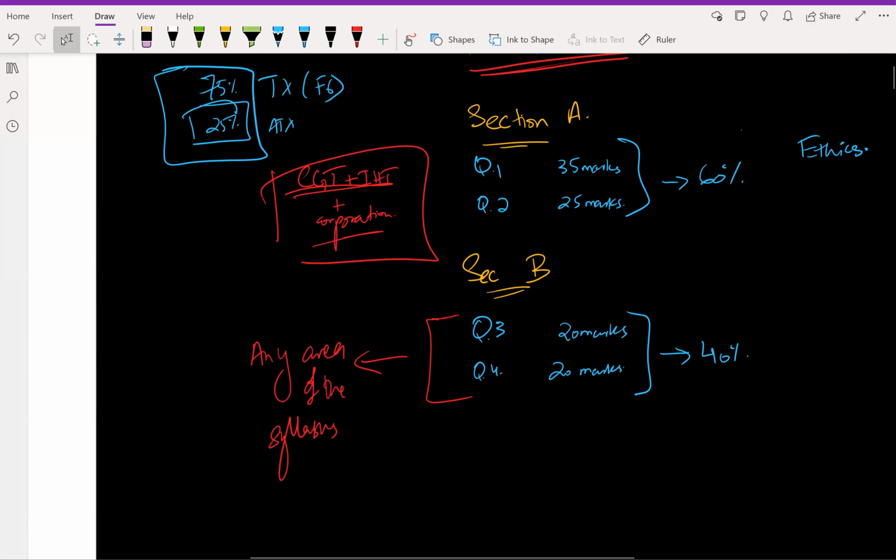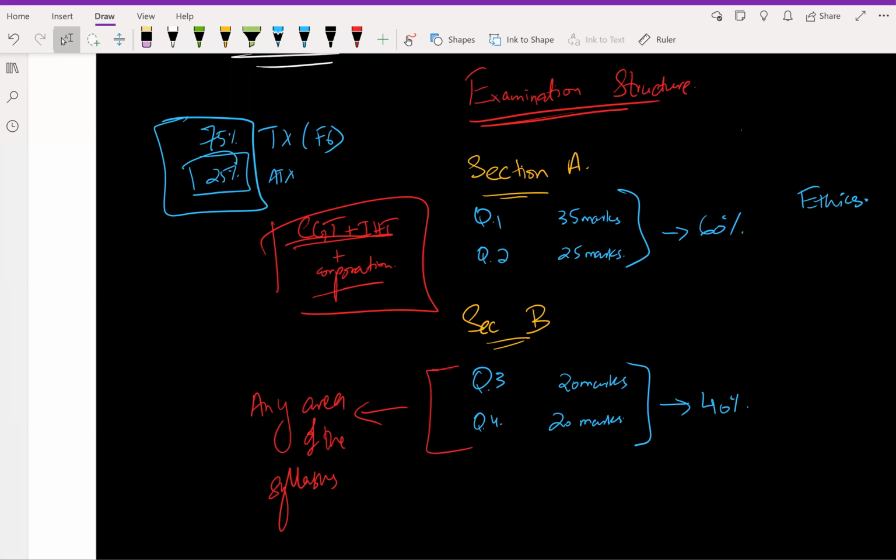Now the point is that, like I said, at this level, if you're not good at explaining your understanding of the law plus the numbers that you have presented, you won't pass.